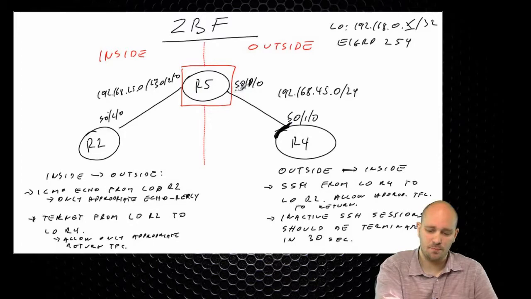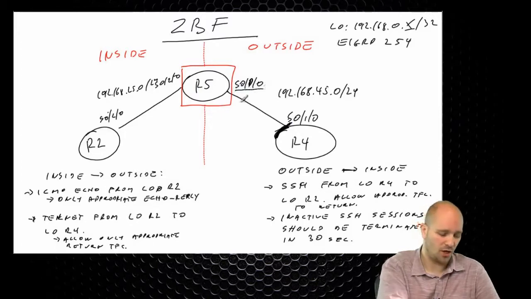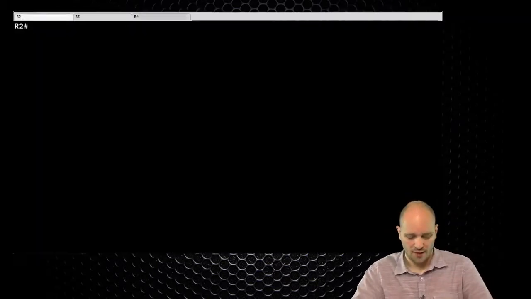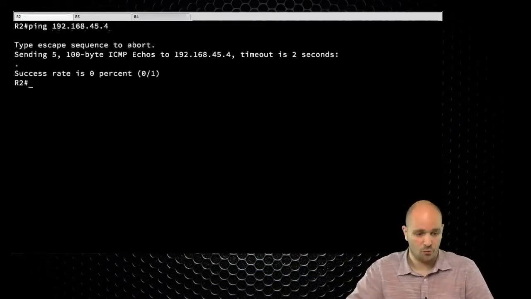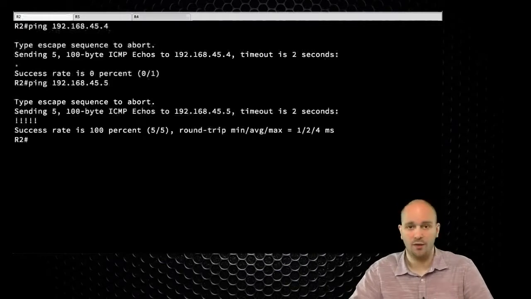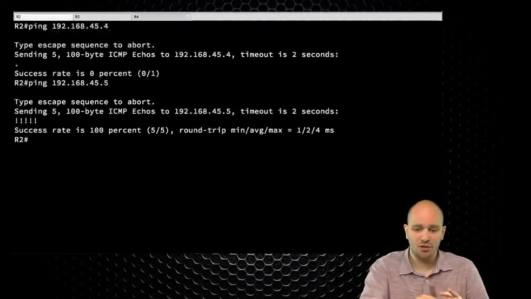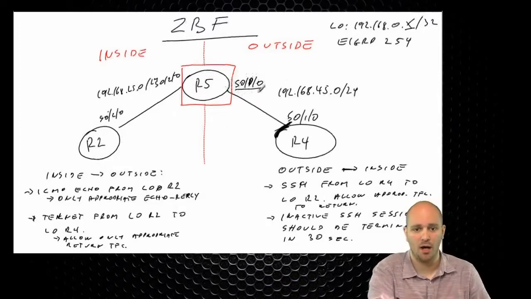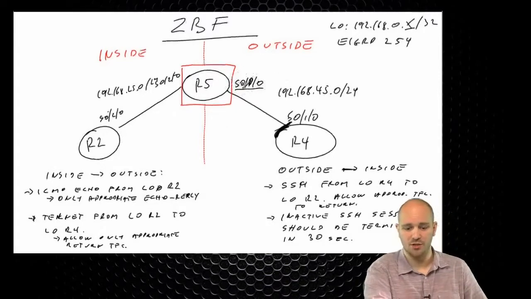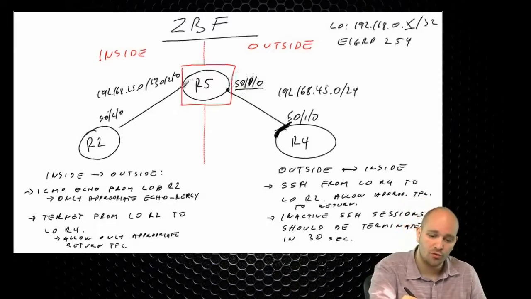But can I actually ping this interface here on R5? So if I go to R2 and I say ping 192.168.45.5, sorry, 45.4 won't work, but 45.5, take a look at this. This works. Even though this interface here is technically speaking part of the outside zone, the traffic going to the router itself is actually part of zone self.